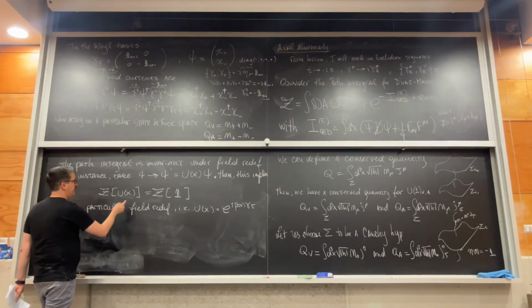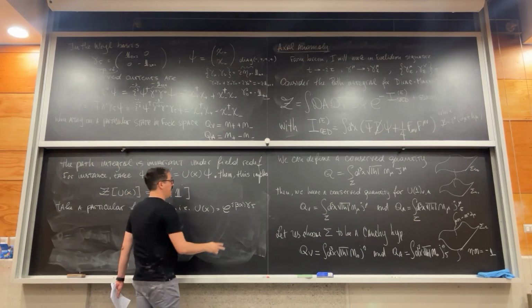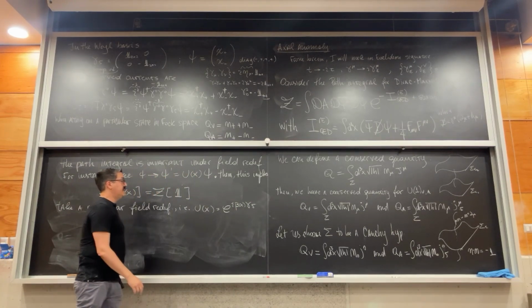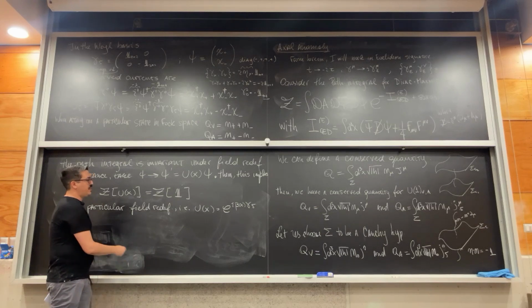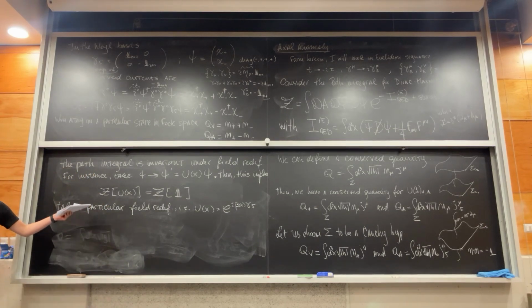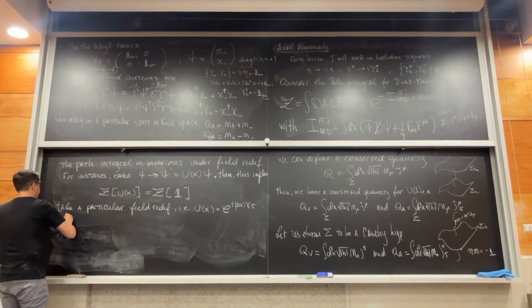I can expand the left-hand side in powers of beta. And since this is a Lie group, I can consider just the infinitesimal order, the expansion up to linear terms in beta. Okay?